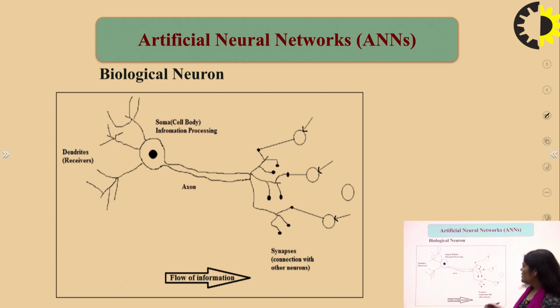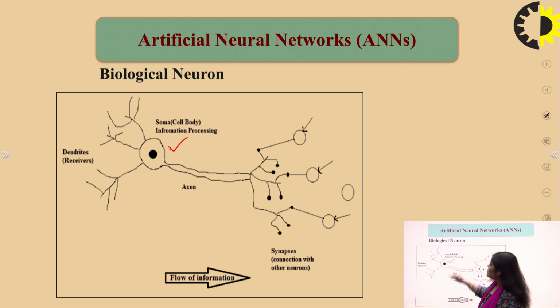So as you can see, if we look at the architecture of a basic biological neuron, the cell is going to have three different entities here. So these three components are, first of all, the soma, which is called the cell body. When we talk about the biological neuron, the soma or the cell body is responsible for processing the information.